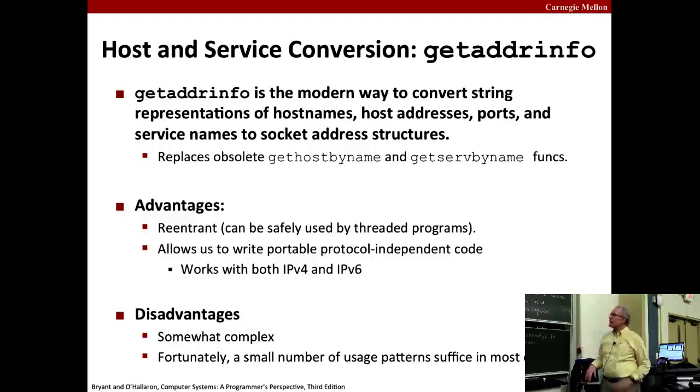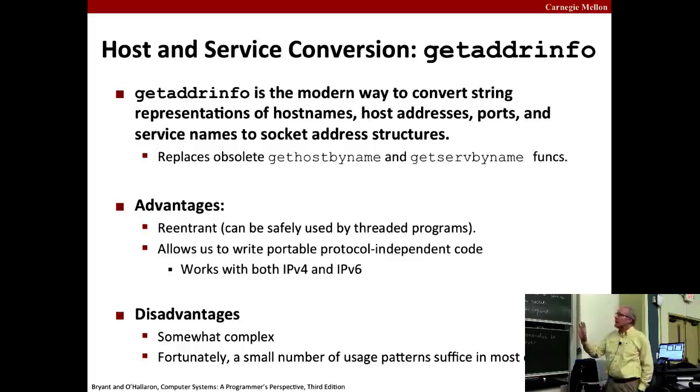And the other was there were problems with these old ones, that they were designed in an era before multi-threading. And so they have various statically allocated buffers, which gave a lot of bad conditions that you had to watch out for in writing code, and were prone to errors of various sorts.